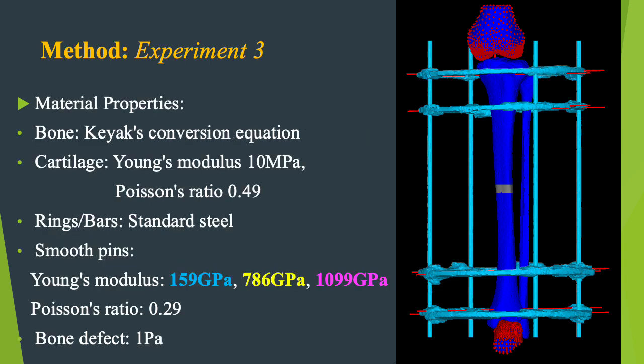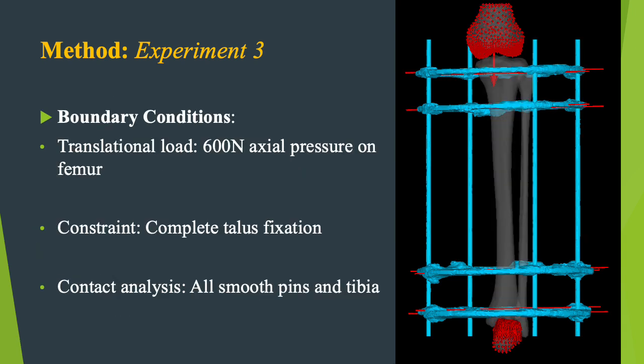We applied the following material properties: bone using Keyak conversion equation, cartilage Young's modulus 10 MPa, Poisson ratio 0.49, rings and bars standard steel, smooth pin testing 3 Young's modulus values, Poisson ratio 0.29, bone defect 1 Pa. Boundary condition.